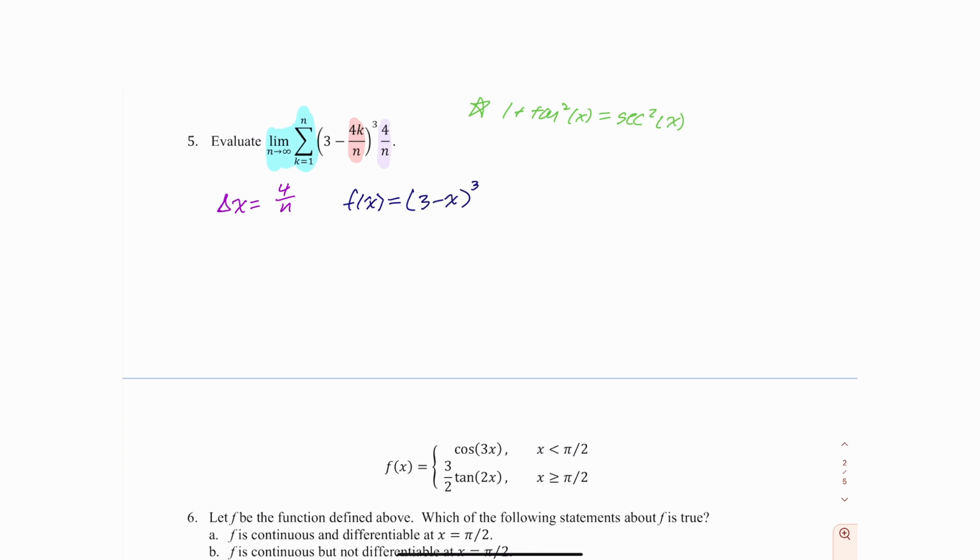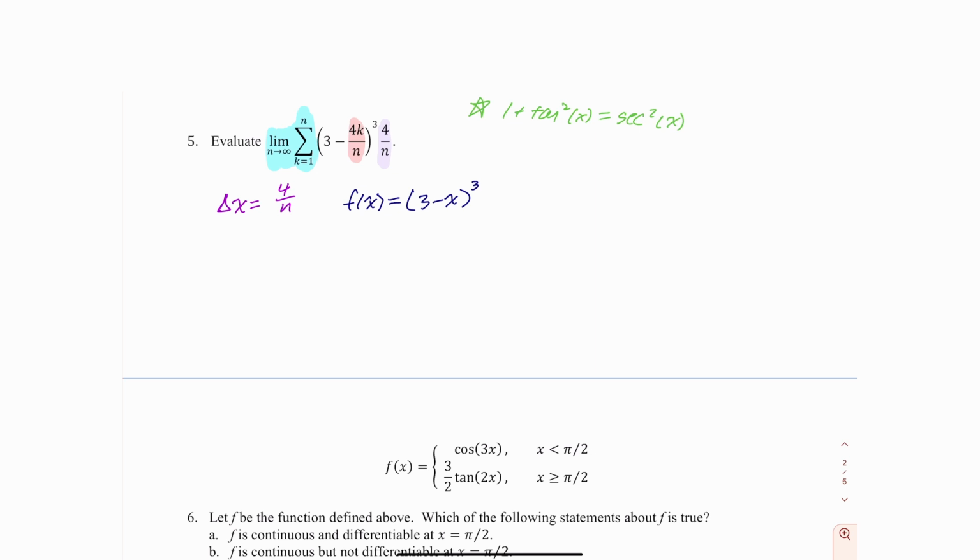I want to be really careful here because it's 3 minus 4k over n, not 3 plus 4k over n. If it was 3 plus 4k over n, then I would say that x sub k is 3 plus 4k over n and just live my life. The problem is the way it's written, 3 minus 4k over n, that would mean delta x is negative 4 over n, and I don't want to deal with that.